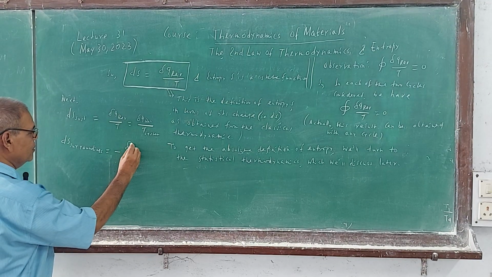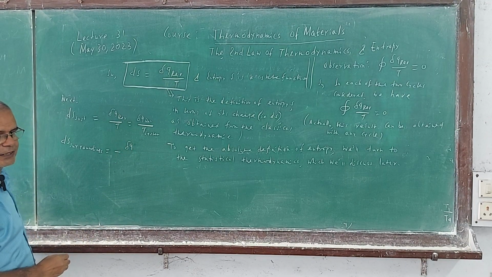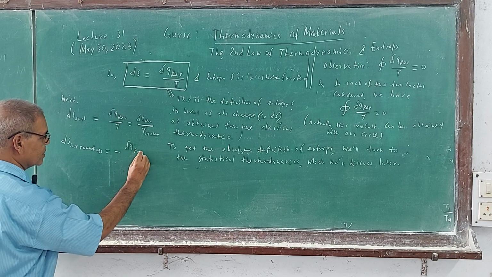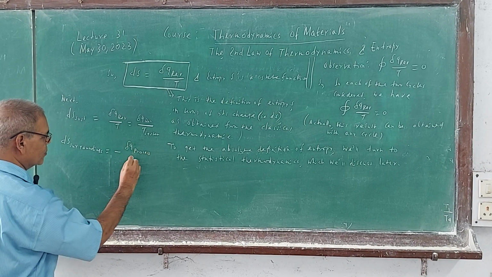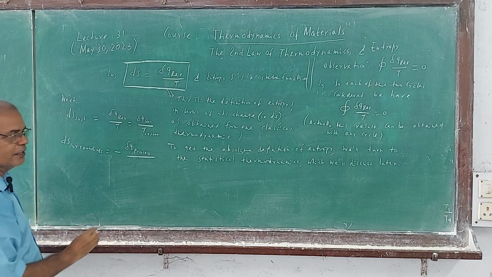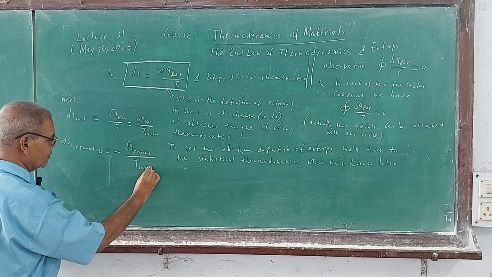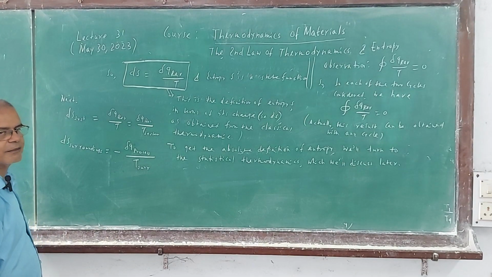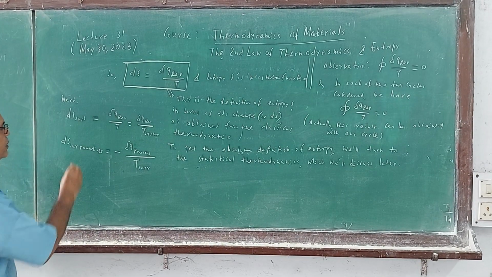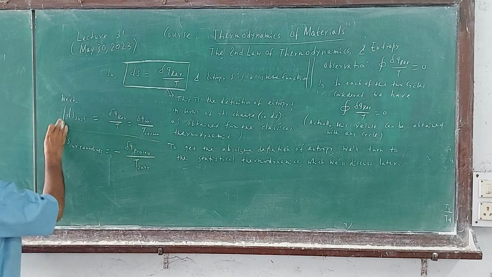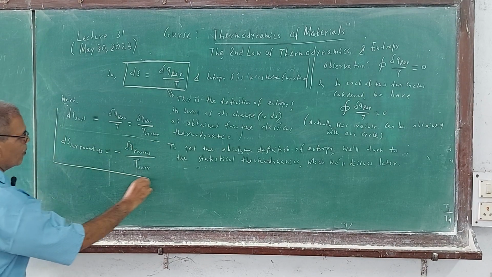Minus dq, but I will not write reversible here. For the surroundings, I write something else: process over T, but here I will write T surroundings. Just box this whole thing, the whole bunch.